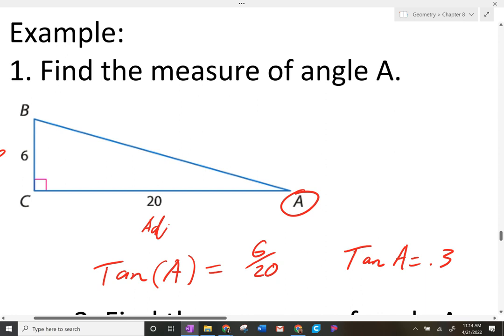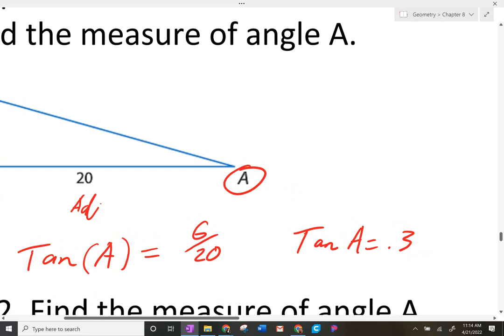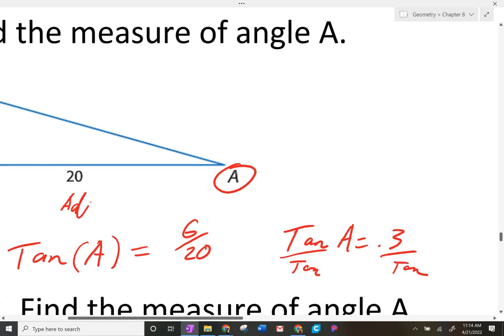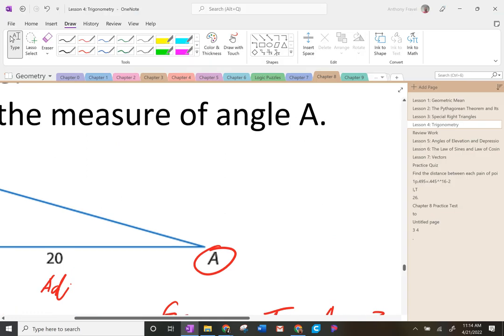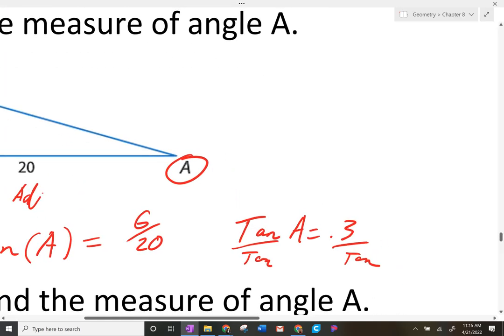Okay? Well, the problem is I want to get A all by itself. In order for me to get A all by itself, I would have to divide it by tangent, which is really, really weird because I don't really have a number for that. Essentially I'm just dividing this by tangent, I'm dividing this by tangent, which seems awfully confusing. So instead of dividing it by that, our calculators have a real fancy button that allows us to do that.